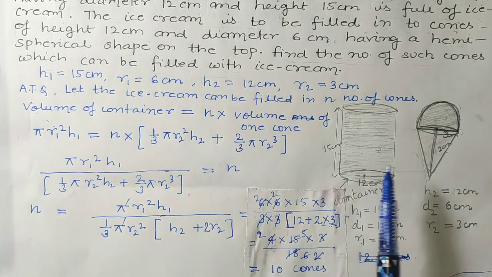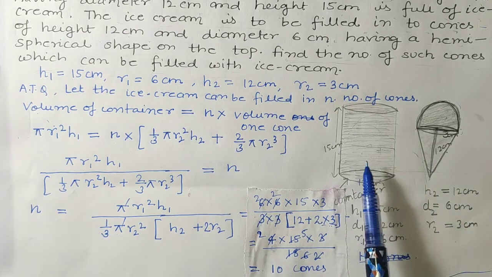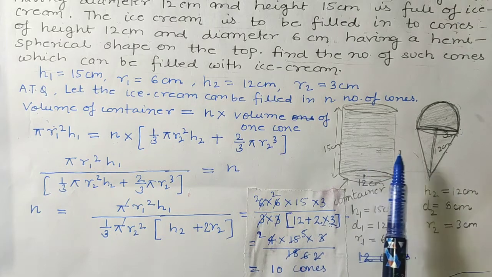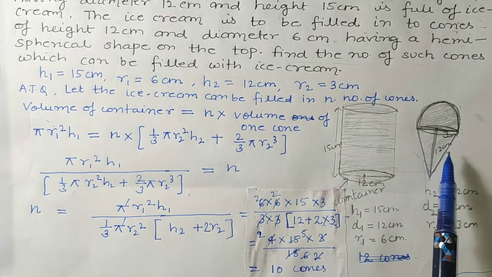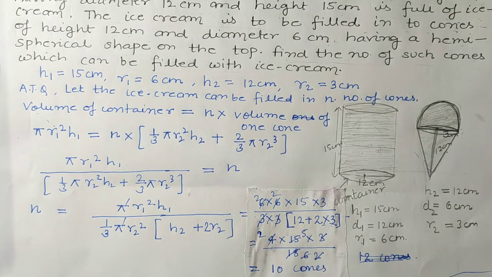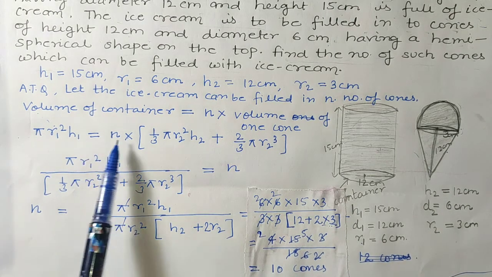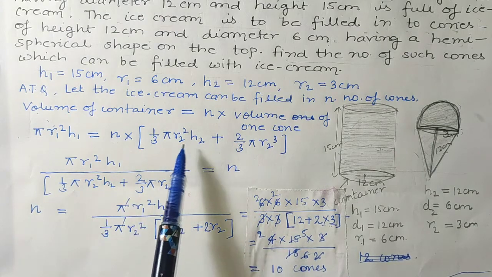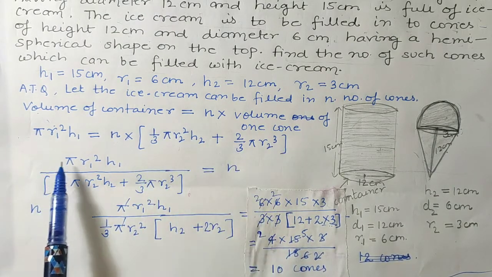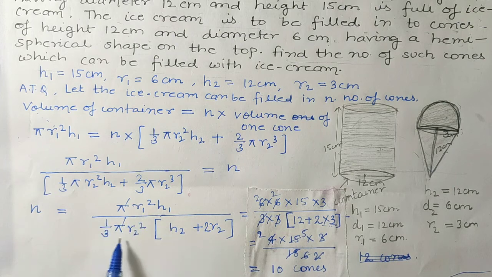So we supposed that the volume of container will be equal to n number of cones, in terms of ice cream. We put all the values, then took this whole term to the left hand side, and by taking common and solving we got our result, that 10 cones can be filled.